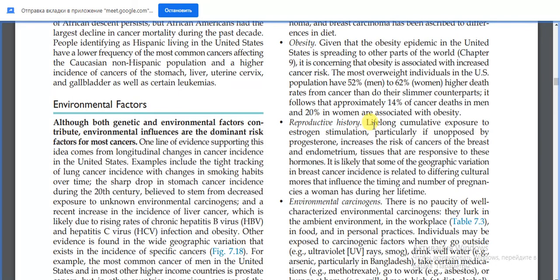But actually, females who bear a lot of children over their life have a much lower rate of malignancy in the female genital system.